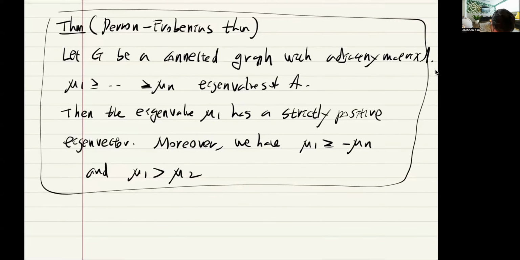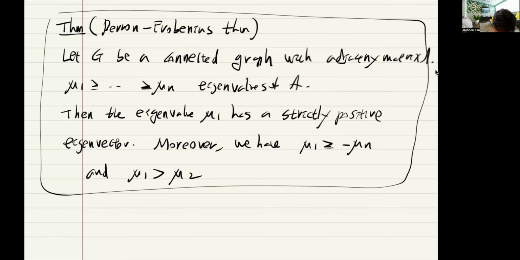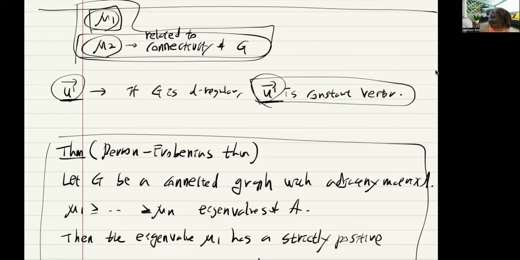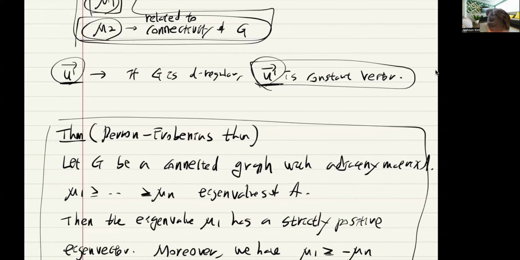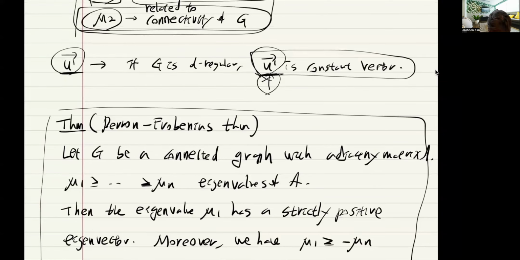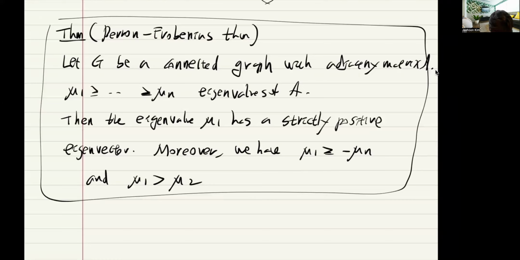So this is one important theorem because in many cases the eigenvector corresponding to the largest eigenvalue is quite useful, and knowing some information about this is also quite useful. This shows that if you have a connected graph, you can find such an eigenvector with all the entries strictly positive.